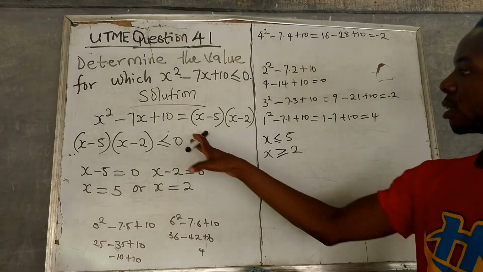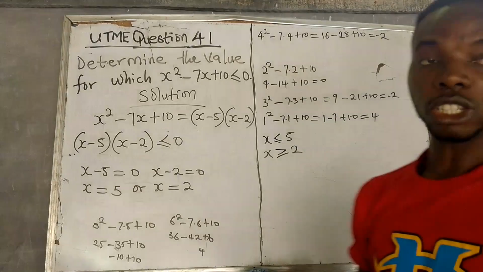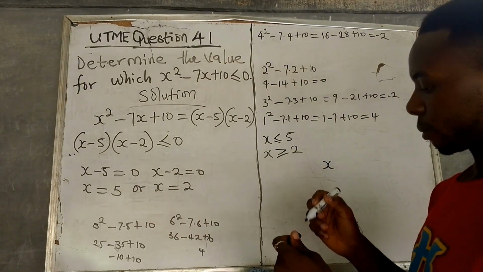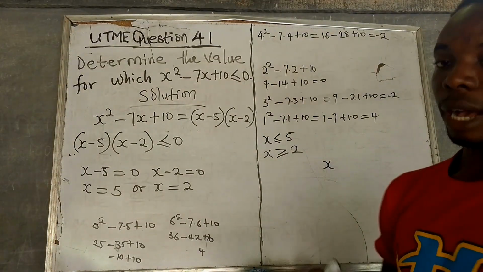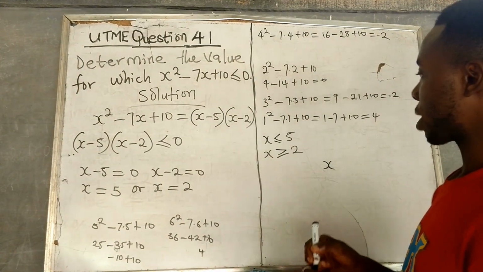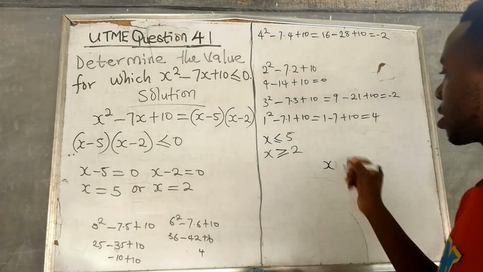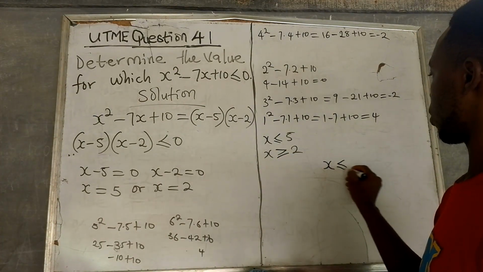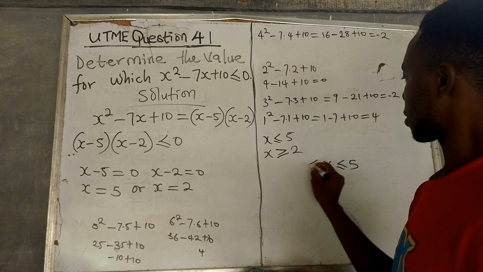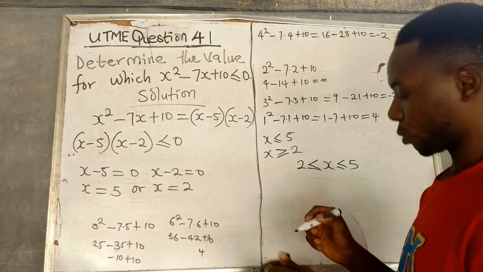Now, to put this on a range, right? You put x at the middle. Now, which one is the smallest among these? 2, right? Which one is the biggest? 5. So this will be x is less than or equal to 5, and then x is greater than or equal to 2.